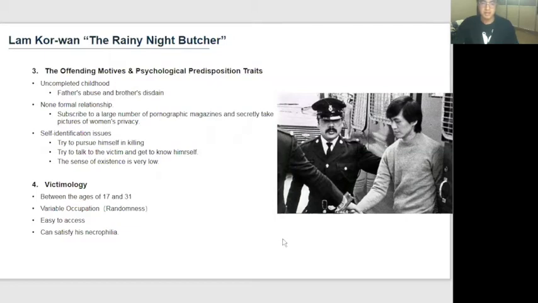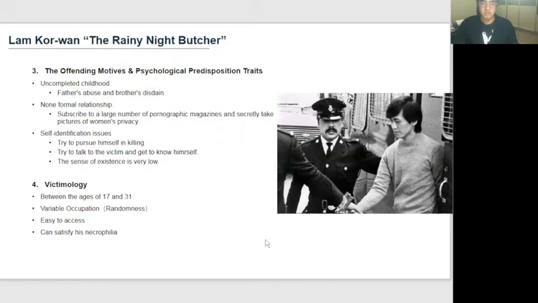And as I said before, Lam has had SPD since his adolescence. So I think he always had self-identification issues. For example, he tried to pursue himself in killing. Like I said, 4 victims were killed by strangulation instead of poisoning, knife killing, and so on.